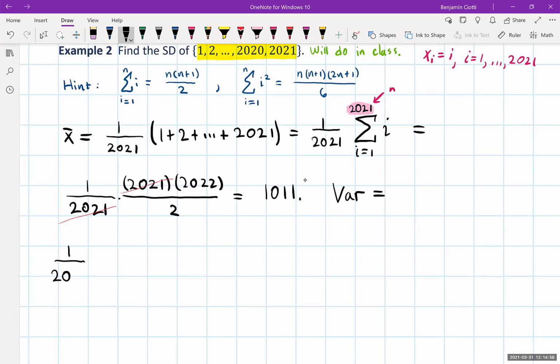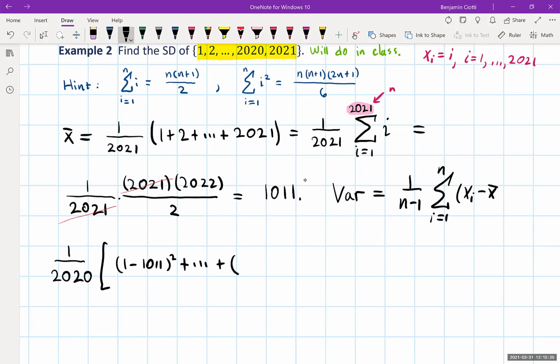It'll be 1 over 2020 times 1 minus 1011 squared plus all the way up to. By the way, let me just write the formula. It's 1 over n minus 1, sum from i equals 1 to n of x_i minus x bar squared.